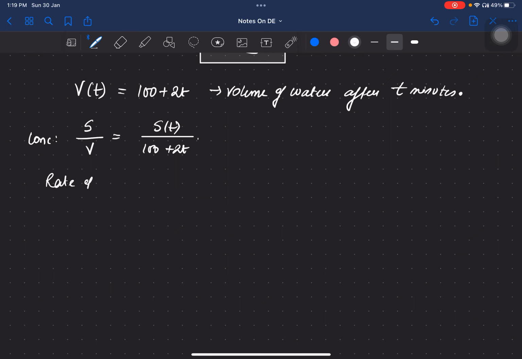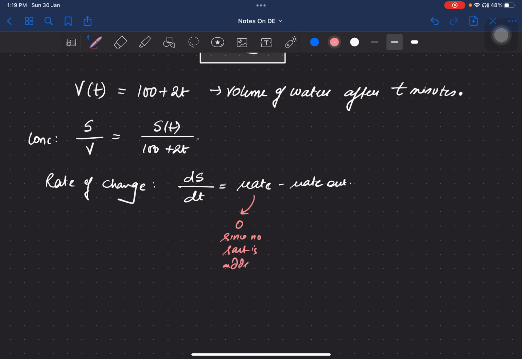Rate of change dS/dt equal to rate in minus rate out. But since we are not adding any salt, rate in is 0. The rate out we know: the concentration times the flow.